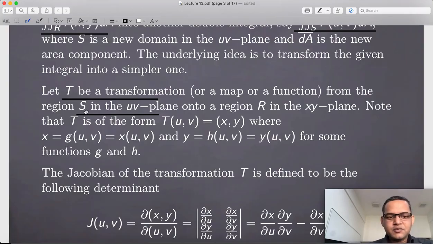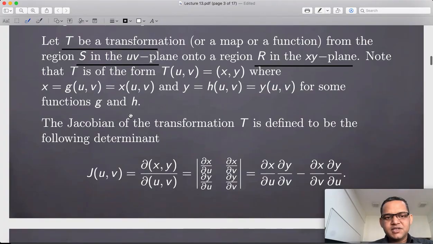So you have a domain, let's say in the uv plane, and then you consider a transformation to the xy plane. What is going to happen is that x and y are going to be functions of u and v. Now you see that this is a map. T is a map from R2 to R2.